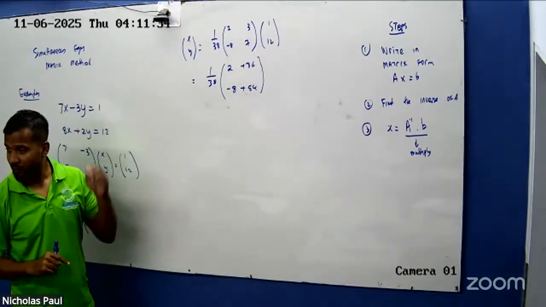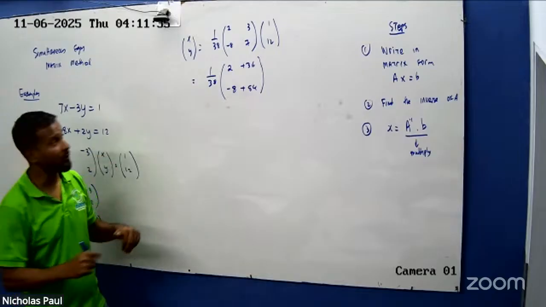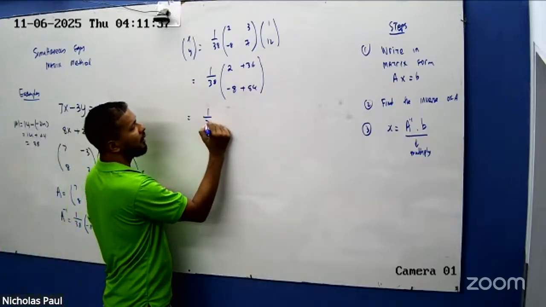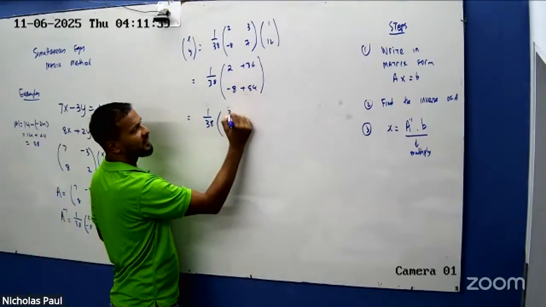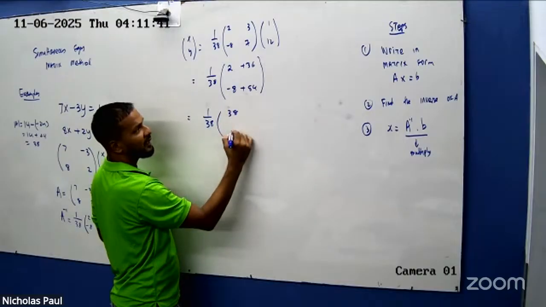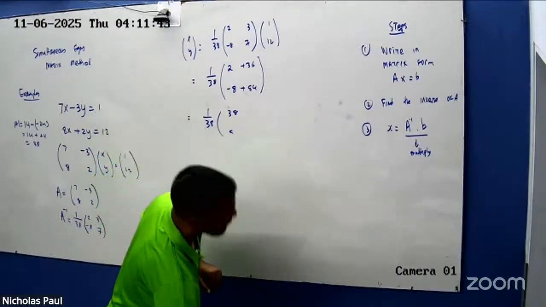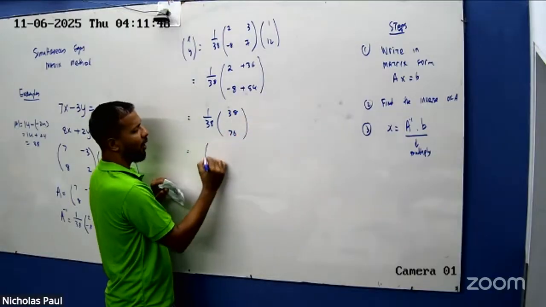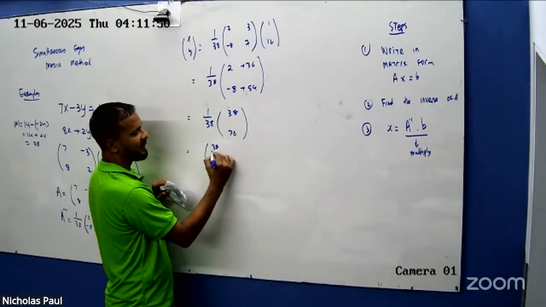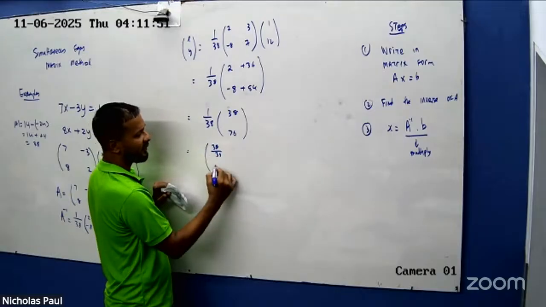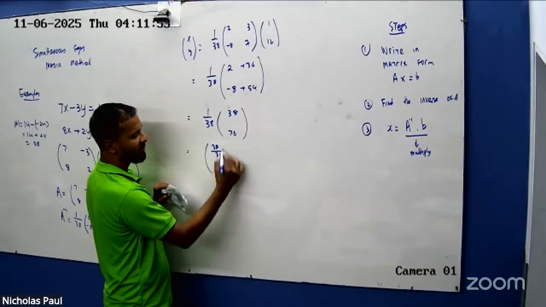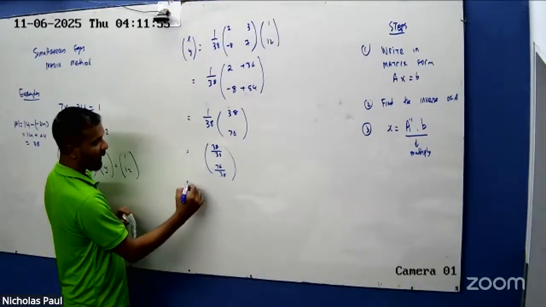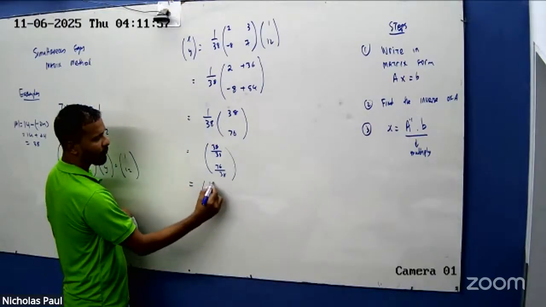That's okay? Row by column, row by column. And then work this out. This is 38 on top, and this is 76 underneath. Now all you have to do is multiply 38 by 1 on 38, 76 by 38. And you will get 1, 2.